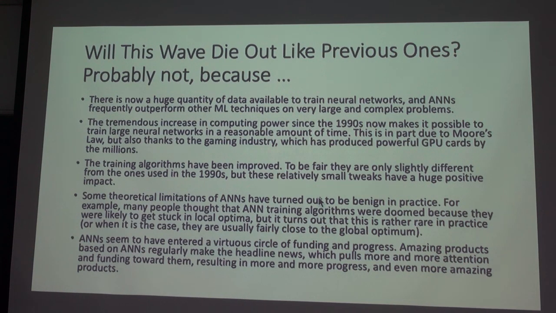This investment will bring innovations, and those innovations become a push force for very useful applications, which in turn attract more funding. So this becomes a positive cycle for this research field.